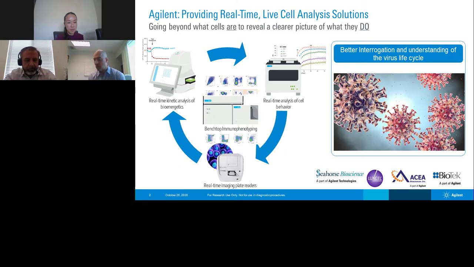Another question regarding eSight is the kinetics and what the limitation is. As Xiaoyu mentioned, for impedance measurement, you can acquire data from an entire 96-well plate in about 15 seconds. It's actually a little bit faster than that, so it's possible to do very rapid kinetics from an impedance perspective.